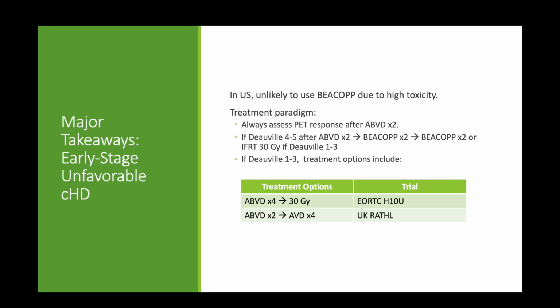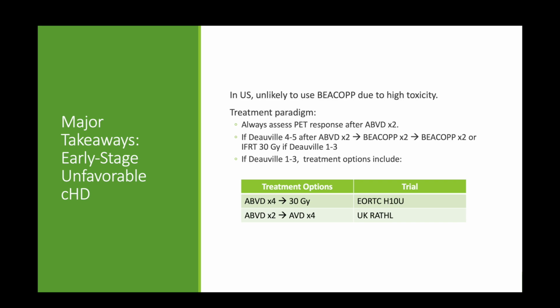And then based on the PET response, we can tailor further therapy. And assuming that they have a good response, generally considered Deauville 1 to 3, our treatment options include ABVD times 4 cycles total, followed by 30 gray as in EORTC H10U. Or again, we can consider ABVD times 2, followed by AVD times 4, as per the UK RATHL trial, which we will talk about soon.